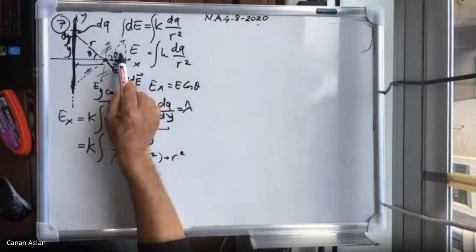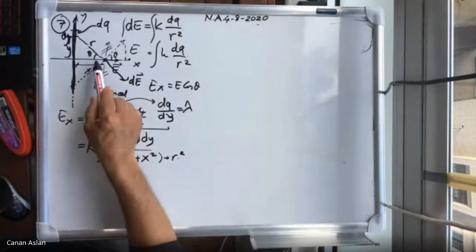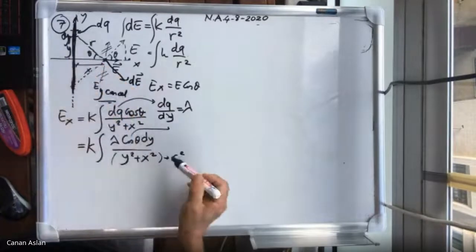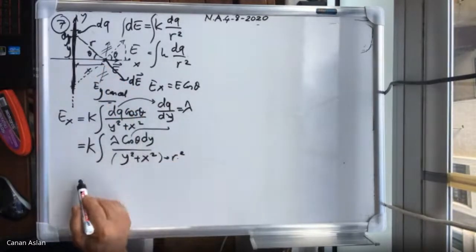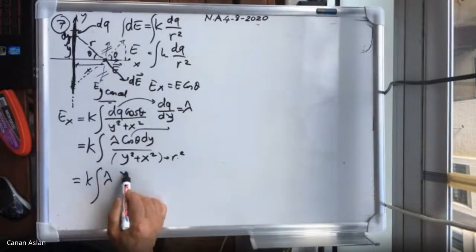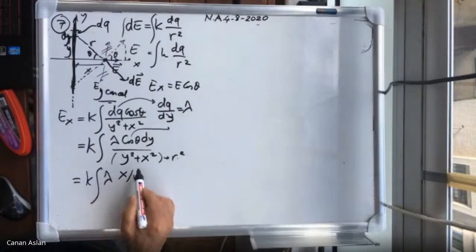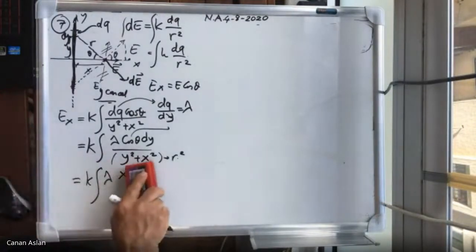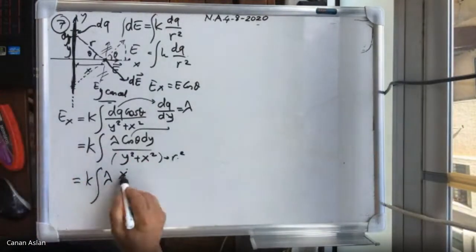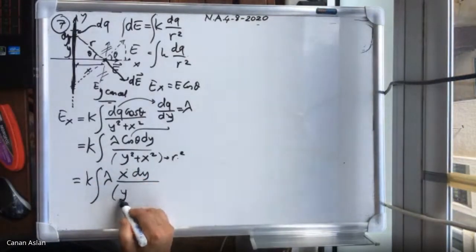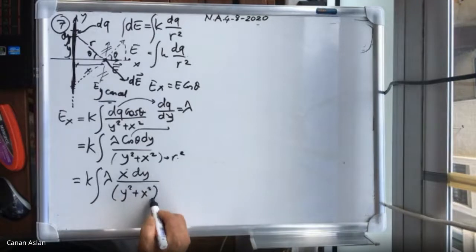When you look at this geometry, cosine theta is nothing but x over r. So this will be equal to k lambda x over r, but there is also r squared in the denominator, so it will be r cubed in the denominator, and there is dy, so this is going to be y squared plus x squared to the power of three halves.